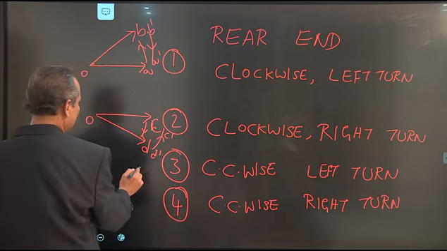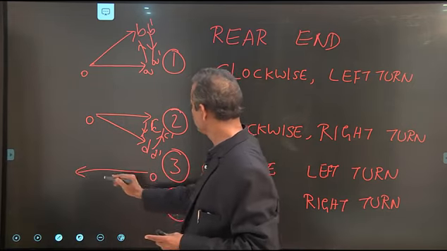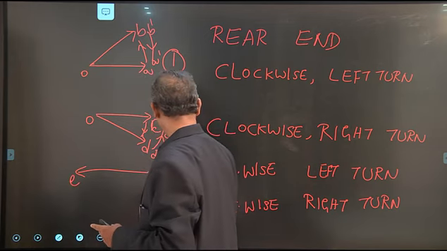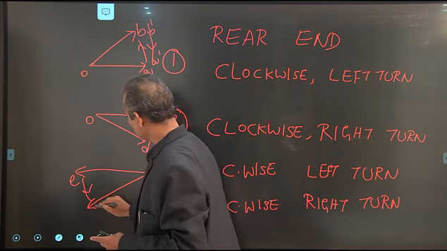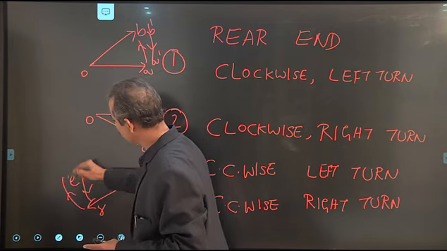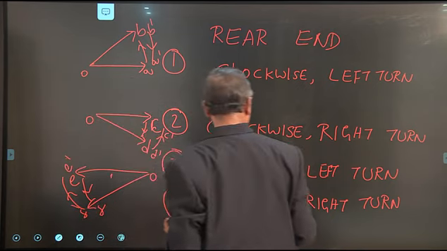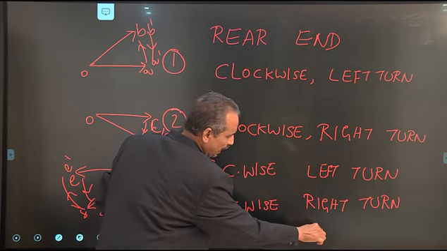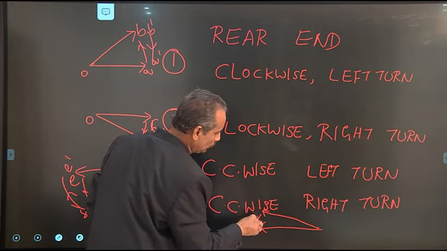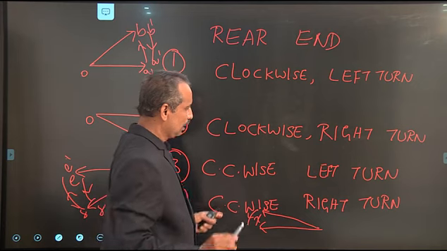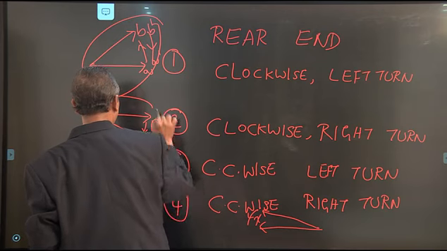Third case, counterclockwise, then left turn, then reactive is like this, and final counterclockwise right turn, active, reactive. So if you remember these diagrams, you can write the entire thing.